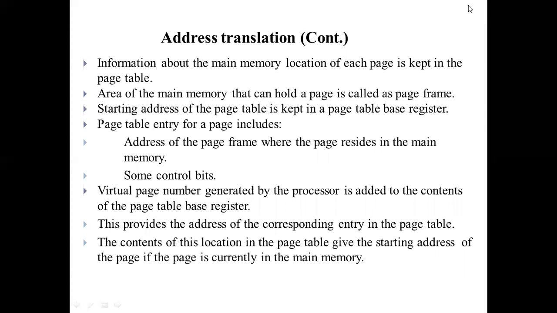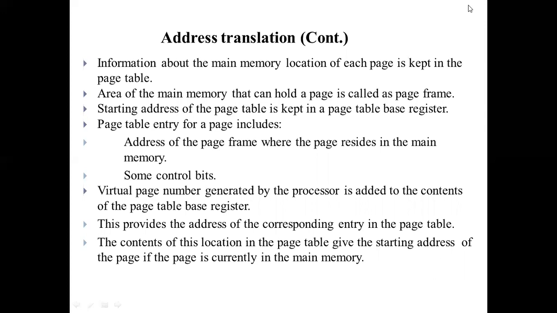I have given you a new term, called page. Another term is called frame. There are two terms: one is page, another is frame. Frame means a division of main memory.